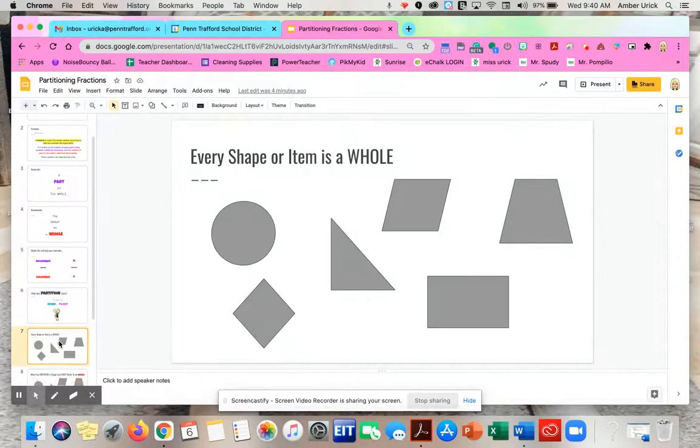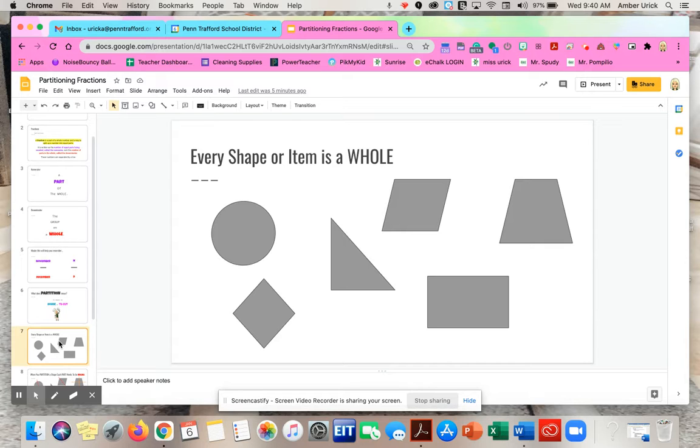Or cut it. If I'm going to eat a pizza, I'm most likely not going to eat the entire pizza myself. I am going to cut it or divide it, in this case, maybe partition it, okay, amongst my family or my friends, maybe at a birthday party, right?